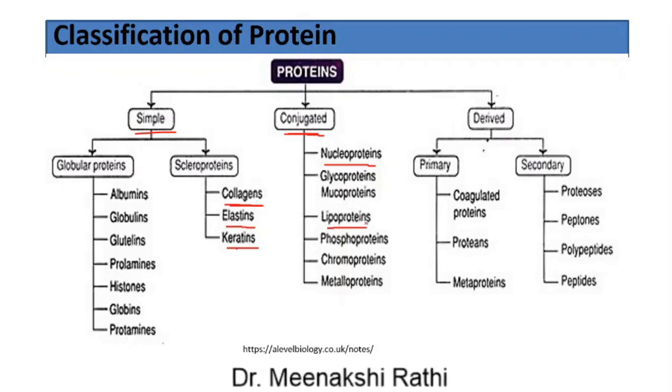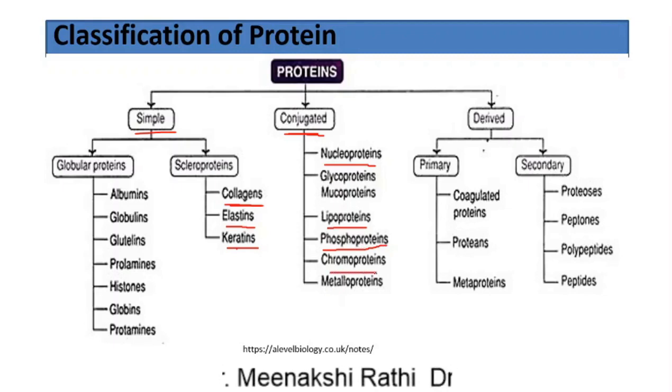Membrane lipoproteins are the example of this class. Phosphoprotein has phosphoric acid as the prosthetic group. Casein in milk and vitellin in egg yolk are examples of phosphoprotein.